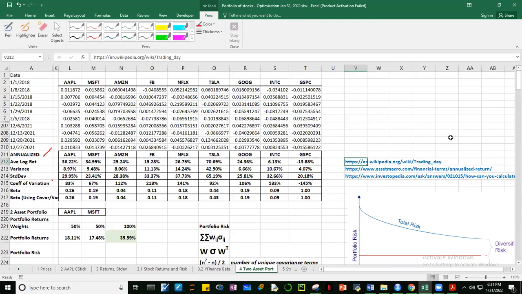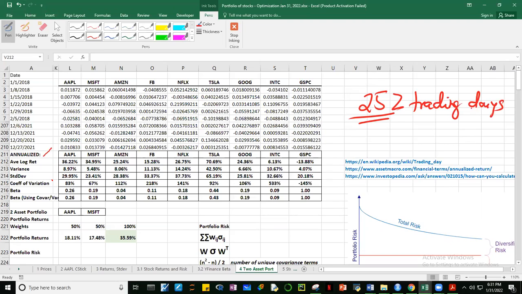Syempre, every year, minsan may naiiba, no? Just like in 2016, there were 252 trading days. 2017, 252. Tapos minsan 250, 251, minsan 253. But almost always, guys, 252.